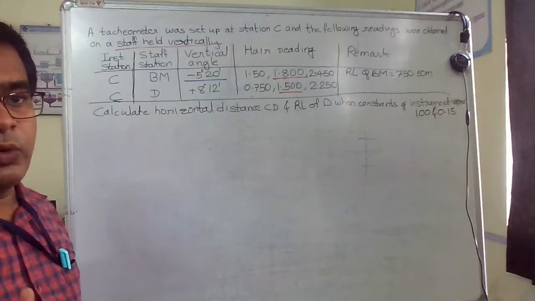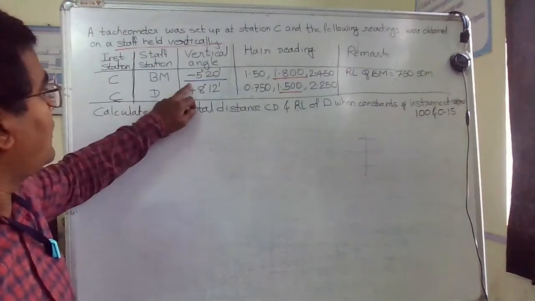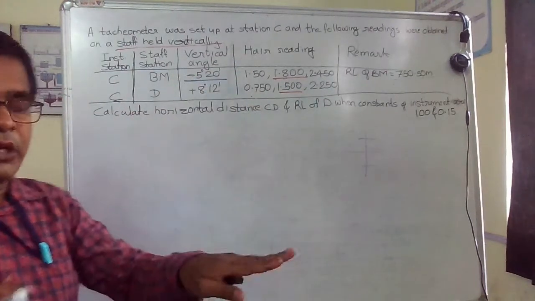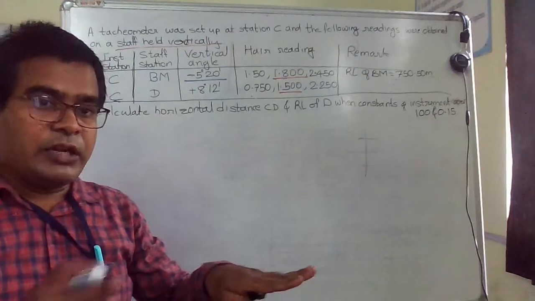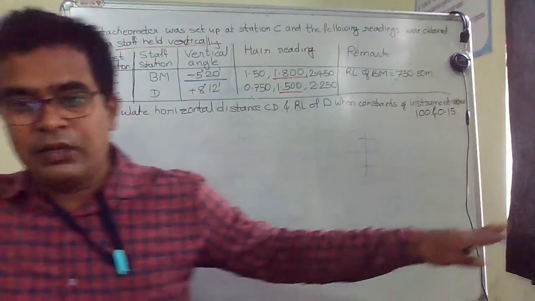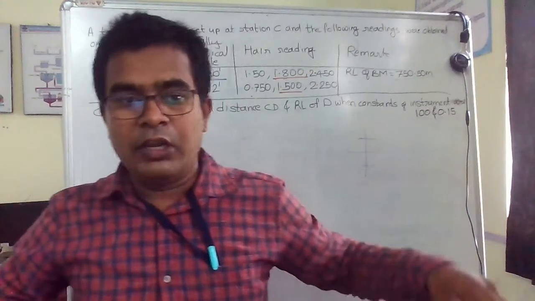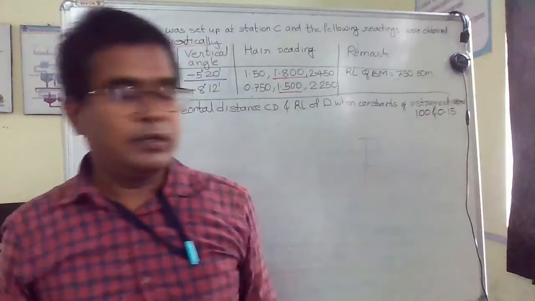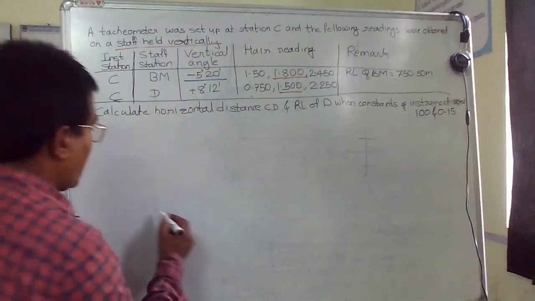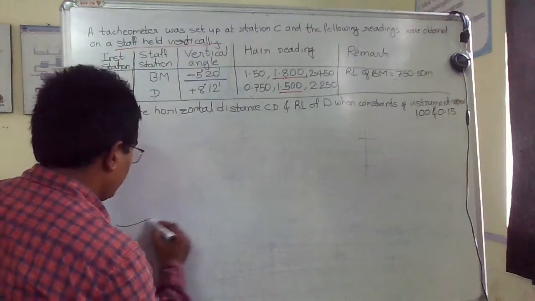Here it is given as a minus sign, meaning there is one tachometer at point C. The tachometer has taken one reading at depression and one reading at elevation. So the tachometer must be in the center, and we have to draw that diagram.